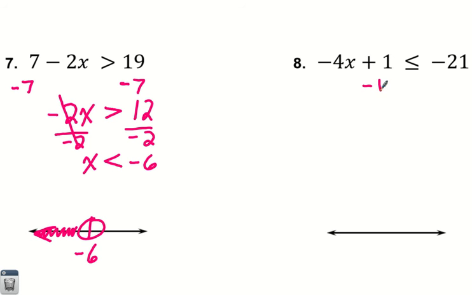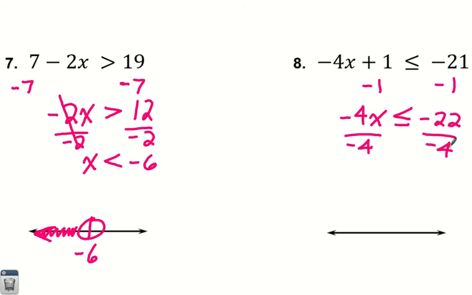Number 8, of course, we subtract 1 from both sides, which leaves negative 4x over here. We do not flip the symbol. And negative 21 minus 1 is negative 22. Now we find ourselves dividing by a negative, which means this is going to flip, and x will be by itself, and the right side is going to be positive, right?